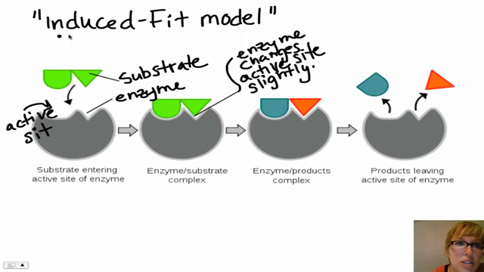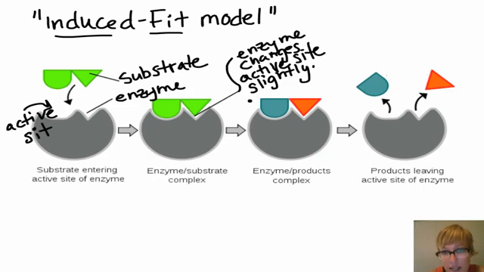That's why it's called an induced fit model. The very presence of the substrate makes the active site more accommodating, changes the shape of the active site so that the enzyme can fit better.